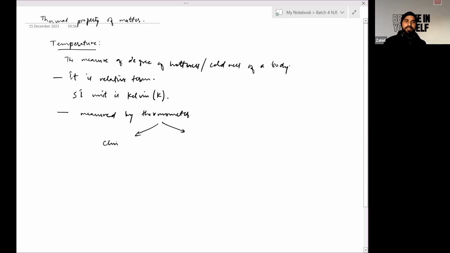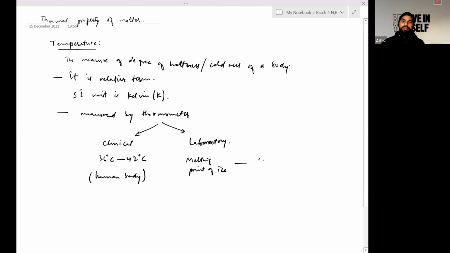One is clinical, ranging from 36 degrees Celsius to 42 degrees Celsius, or you can say human body temperature. Next is the laboratory thermometer, ranging from the melting point of ice to the boiling point of water.